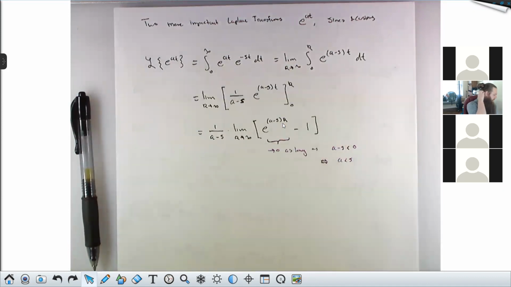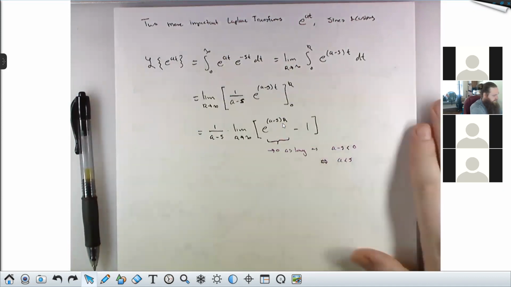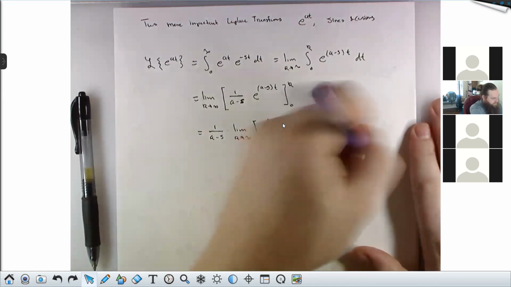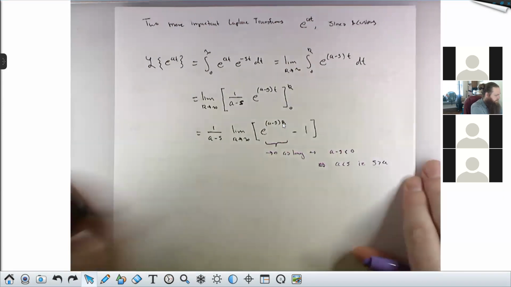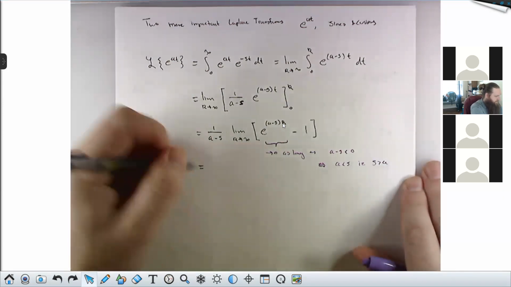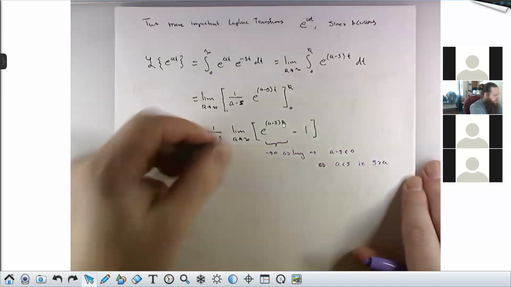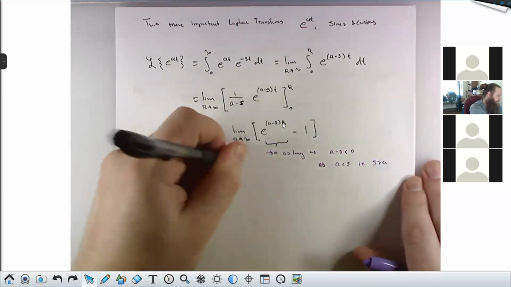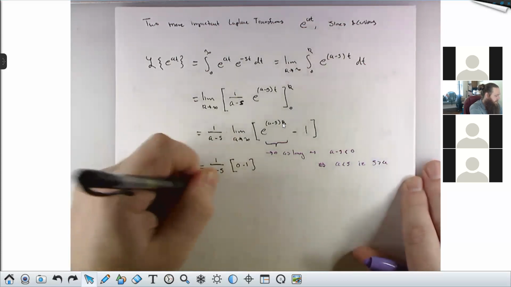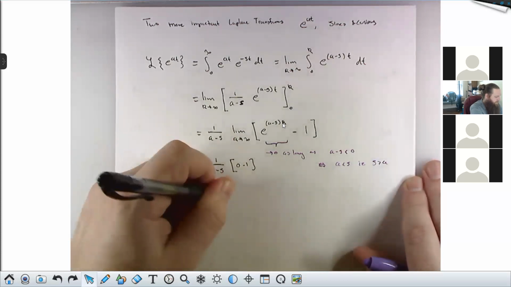So s needs to be bigger than a, i.e., s is bigger than a. So this piece is going to go to 0. So my whole Laplace transform is 1 over a minus s times 0 minus 1, or negative 1 over a minus s.